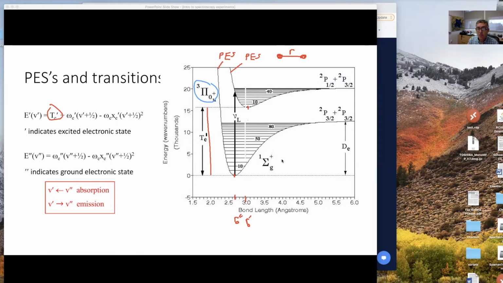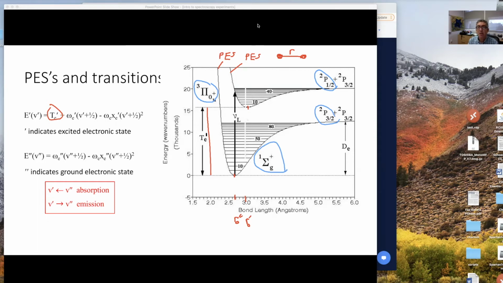So that's the term symbol for the excited electronic state. This is the term symbol for the ground electronic state. And these over here are two different term symbols for different electronic states of the atoms. So when R gets very large, and this x coordinate is R, you essentially break the bond and you have two individual atoms. So these are term symbols for the atoms.